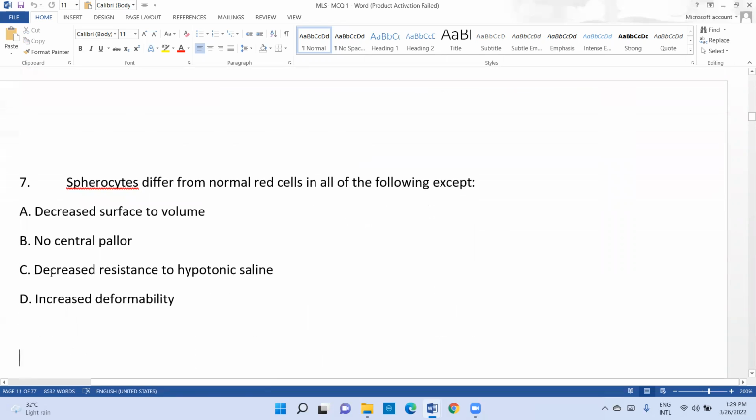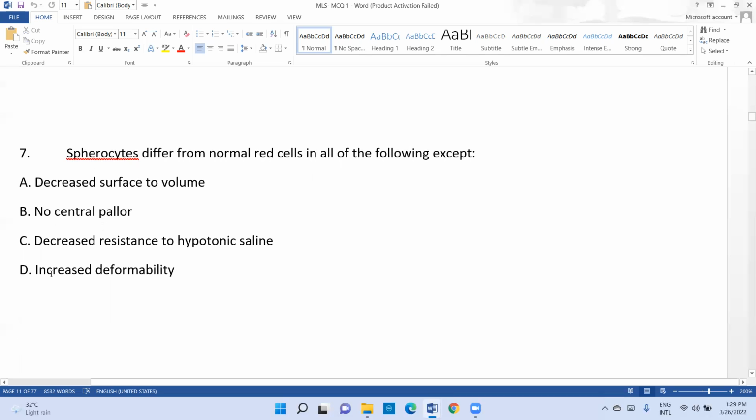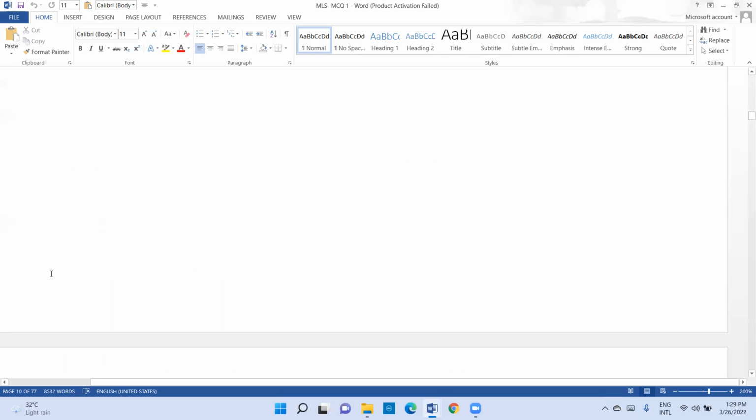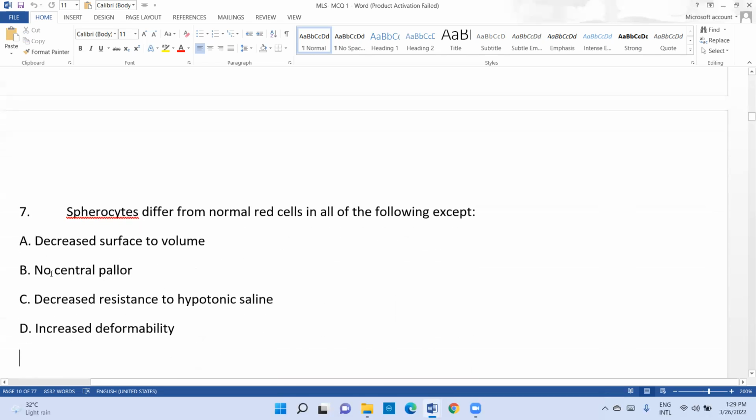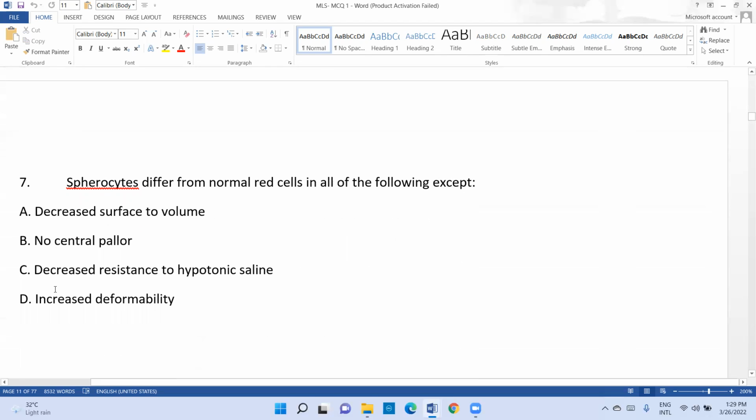Spherocytes differ from normal red cells in all the following except. Now, why are spherocytes formed? And what is a spherocyte?